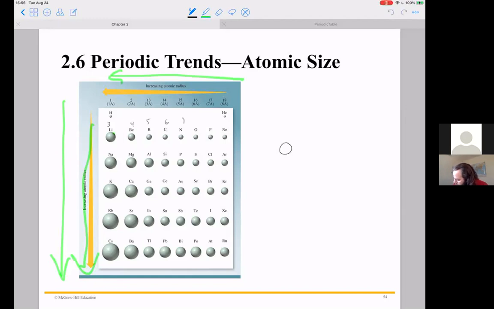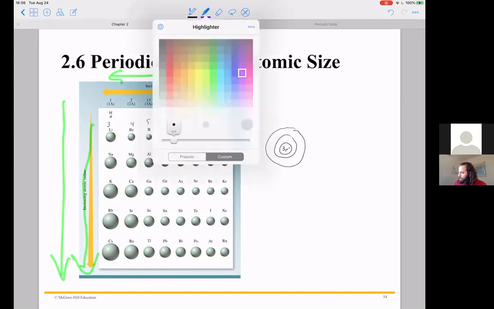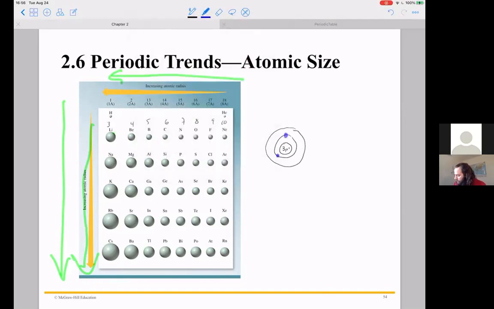A lithium atom has an atomic number of 3, so that means there are 3 protons in a lithium atom. And it has 3 electrons, 2 of which are core electrons, and then 1 on the outside. Actually, next lecture, we'll talk about those very outermost electrons. They are called valence electrons.